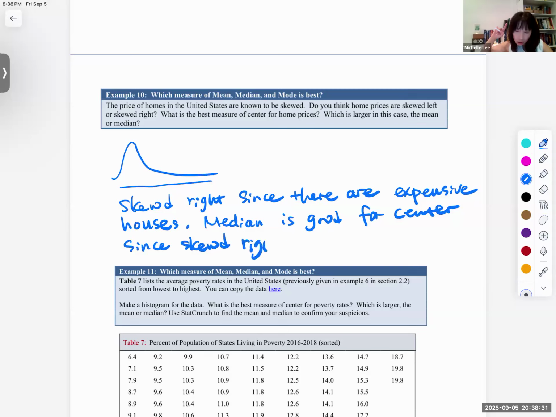And which is larger in this case, the mean or median? We knew that the median is a middle number, and since it is skewed right, the mean is over here. So the mean is bigger.